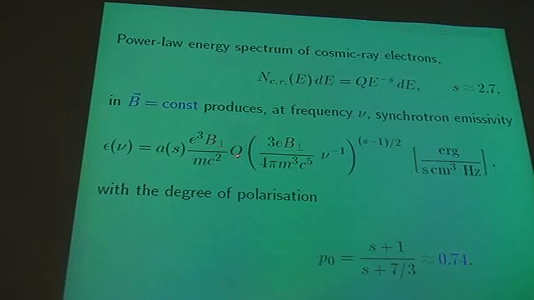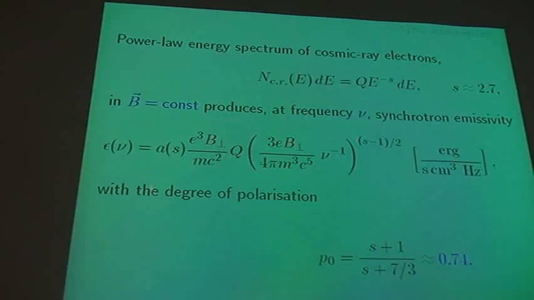This Q, what is this Q? I don't remember now. Ah, yes, it's the total number of electrons, this Q. And again, the magnetic field appears here, and frequency appears here. This s is the spectral index of the electrons.